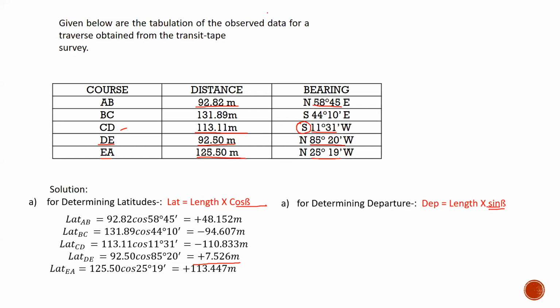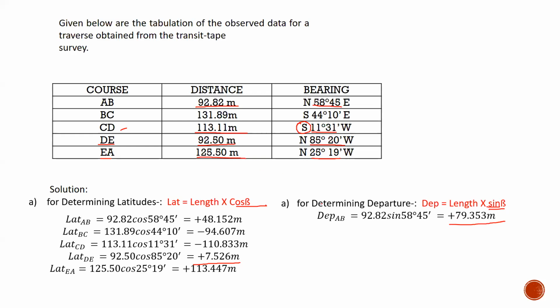That is length times sine beta. We have positive 79.353 meters.